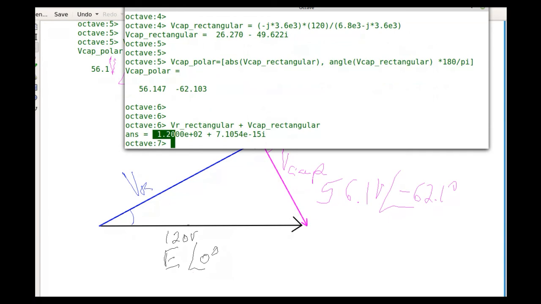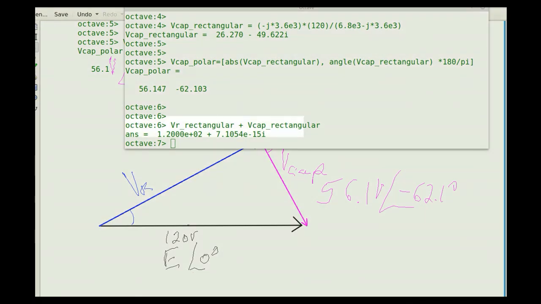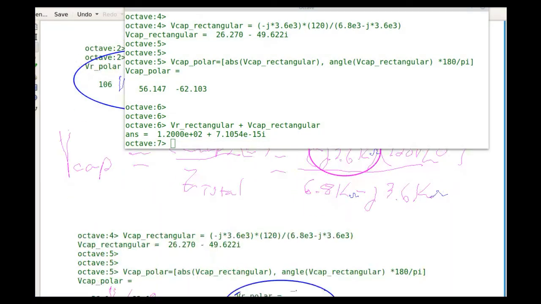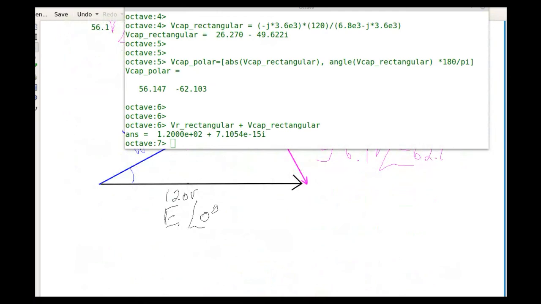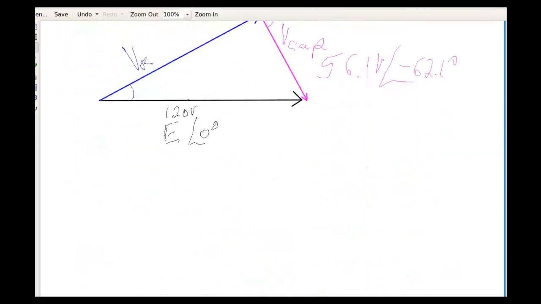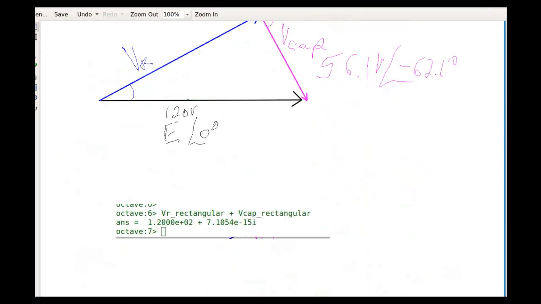And this is like e to the minus 15 here, so this is basically 0. If I dump it in this software, then I can scribble on it. Here, this is doing it mathematically in Octave.